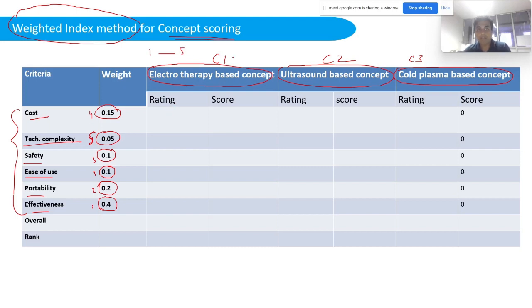Let me first explain what an electrotherapy based concept is. Electrotherapy is a technique where, if you have a chronic wound site, you place a cathode and a positive electrode outside, and because of this electrical field difference, the epithelial cells start moving towards the center.